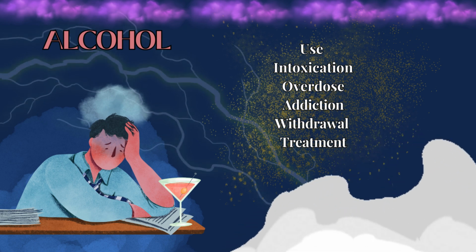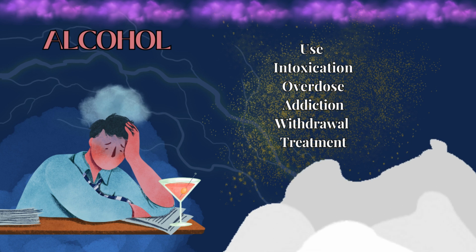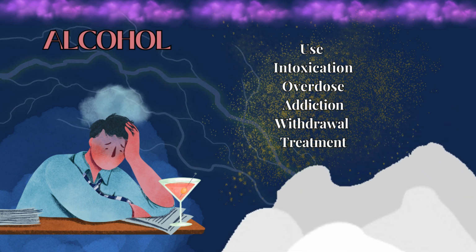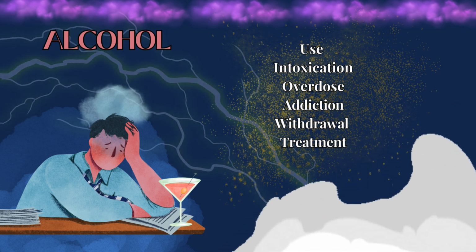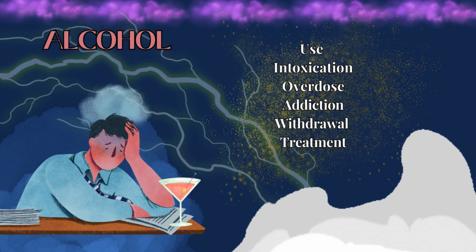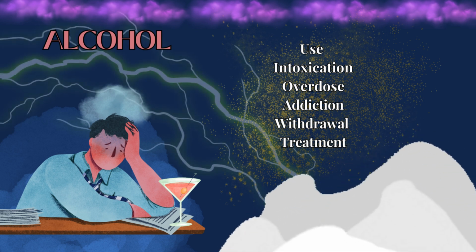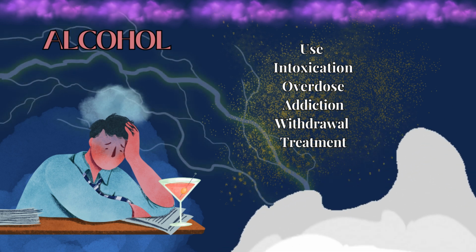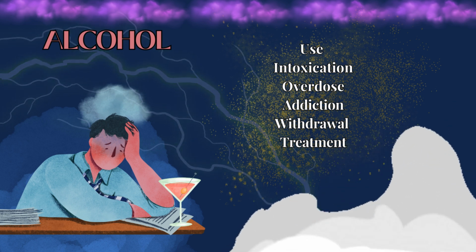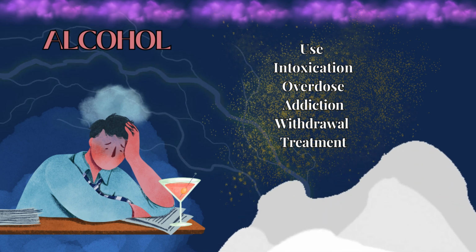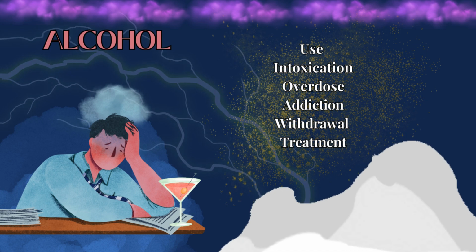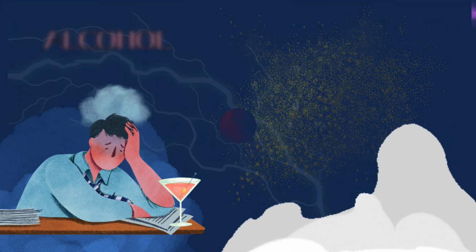There are 10 questions to the CIWA, and they're related to physical manifestations of the potential withdrawal symptoms. So treatment for this alcohol withdrawal is benzodiazepines for the psychomotor agitation that most patients experience, and these include, as I said, Valium and Ativan. Librium can also be used in this protocol for detoxification of acute alcohol use.